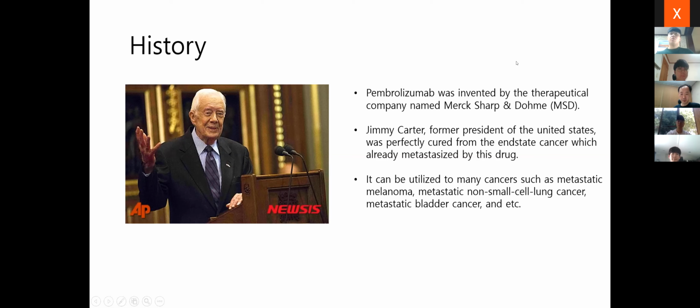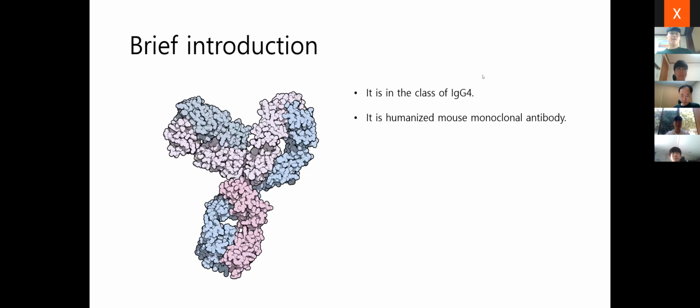This drug was invented by the pharmaceutical company named MSD, and as I said earlier, it can be utilized for metastatic melanoma, metastatic non-small cell lung cancer, metastatic bladder cancer, and so on.